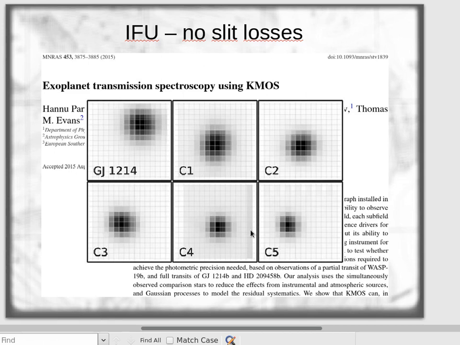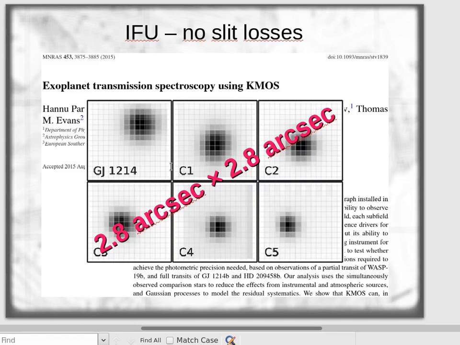It came up with a very optimistic estimate, but it failed in the sense that the star that was observed was a nearby high proper motion M dwarf, and it just drifted away. So the astrometry was not quite current, and the slit losses from the small IFU size had a major effect on the data. The KMOS IFUs are below 3 arc seconds on the side.